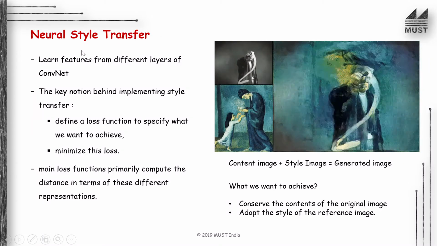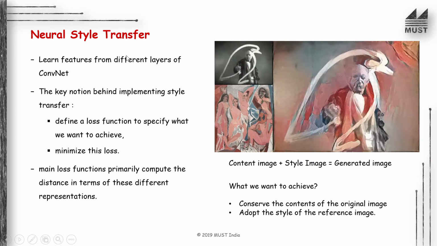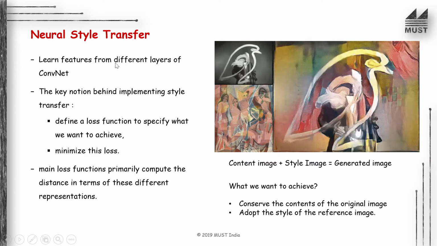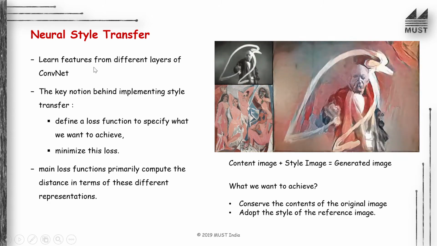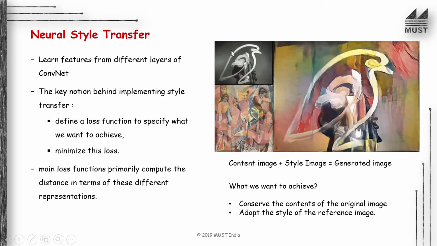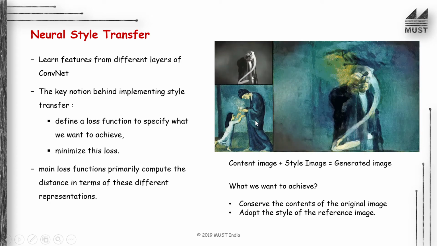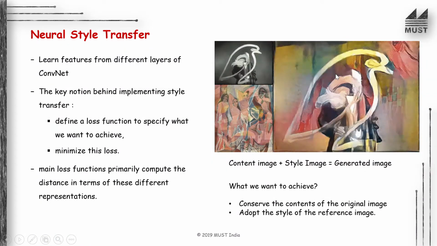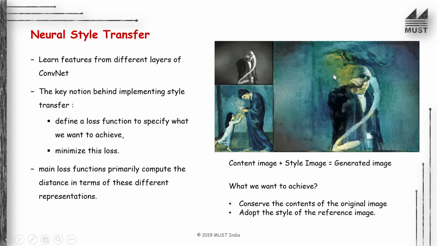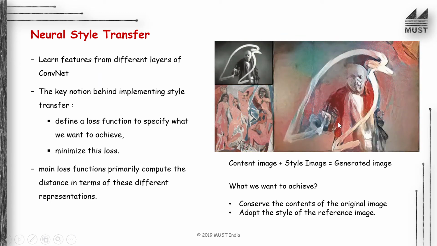The neural style transfer algorithm tries to learn typical features from different layers of your convnet architecture, for both your content image as well as the style image, and then it tries to combine them, keeping the information of your content image and overlaying the style of the style image.